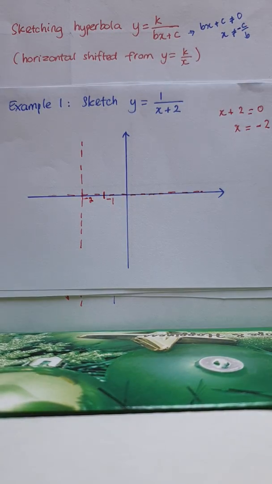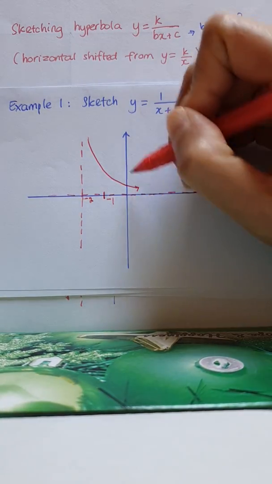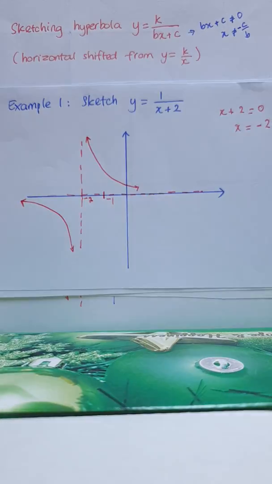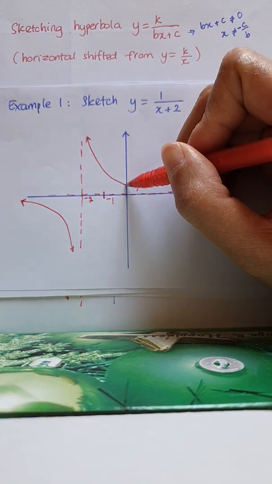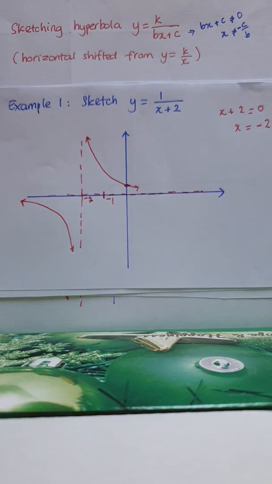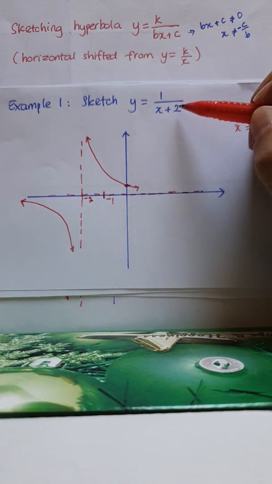Similar to sketching the graph of y equals k over x, if k is positive, the graph will be over here and here. Okay, and now we can indicate the scale, the y-intercept here, meaning we are indicating the scale for the y-axis, which is all good. Okay, so if x is 0, then this will be a half.